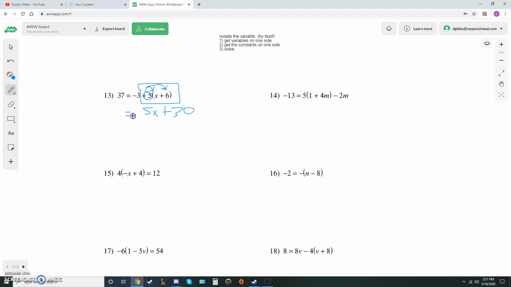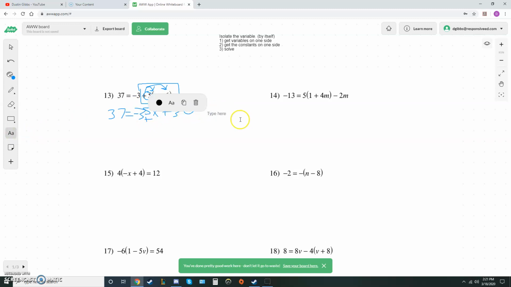And then you just drop the rest of this stuff down. So it's a 37, it's a negative 3, and that's plus 5x. So I know this got a little messy here, but this is a negative 3. Actually, I'm going to rewrite this for y'all real fast so y'all can see a little bit better. So it's 37 equals negative 3 plus 5x plus 30.